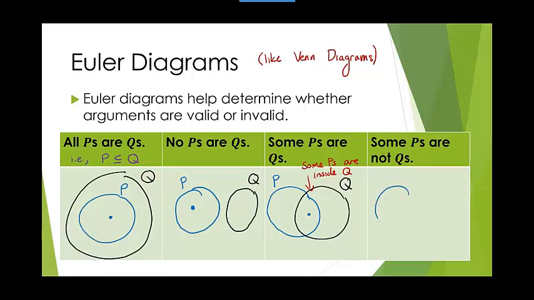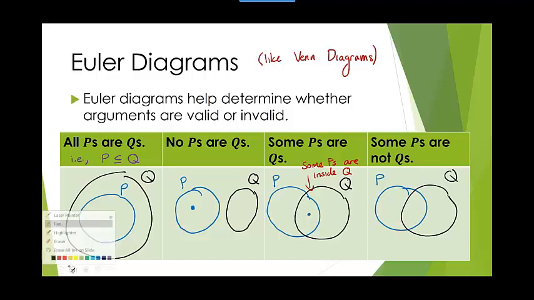So similarly, we can have "some P's are not Q's." The picture for that will again be your circles. They'll intersect but not entirely. And the way that we'll show that some P's are not in Q is we're going to draw a little dot on the left.